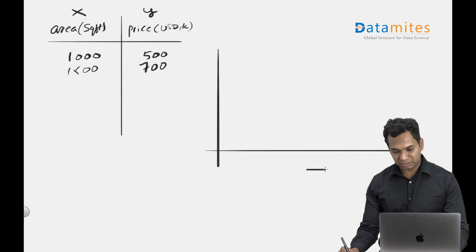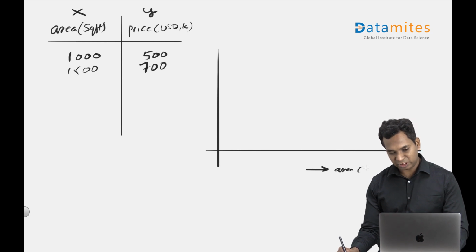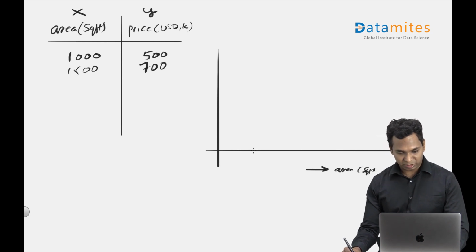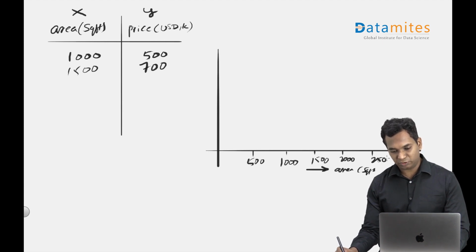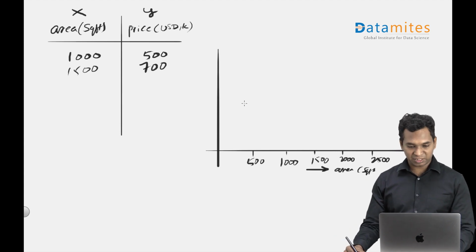If you try to draw this graphically, this would be just two dimensions, so it'll be easy for us to demonstrate. This is area in square feet. I'm going to just take 1, 2, 3. These are not to scale, so we will not expect a very accurate plot, but you get an idea of it. And this is your price.